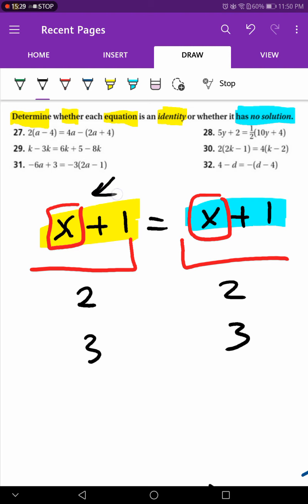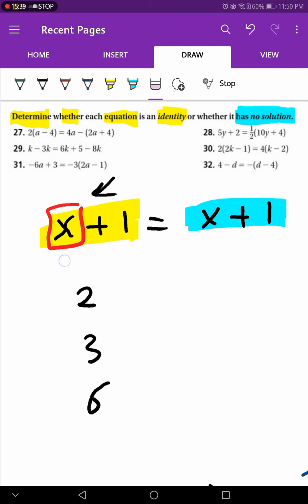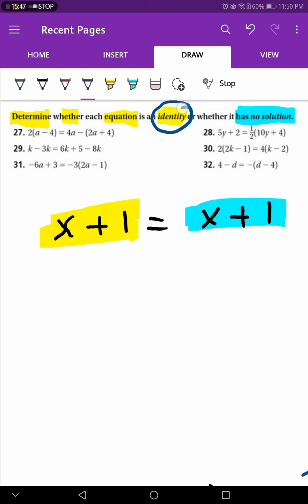Give x equal 5, this will be 6 and this will be 6. So whatever the value of x, the left side equals the right side, and in this case, we call this an identity. That means it has infinite solutions. Has no solution like this one.